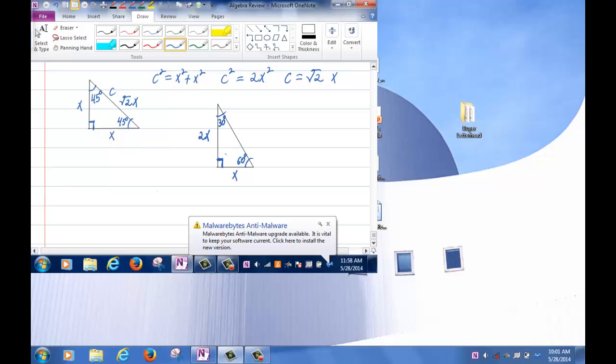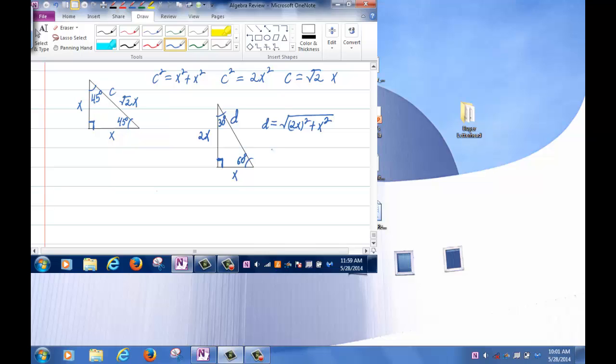Okay. Now what's the length of the hypotenuse? If this is C now, let's not call that C, let's call that D. So what is D? D would be the square root of what? The 2x squared plus x squared, right?